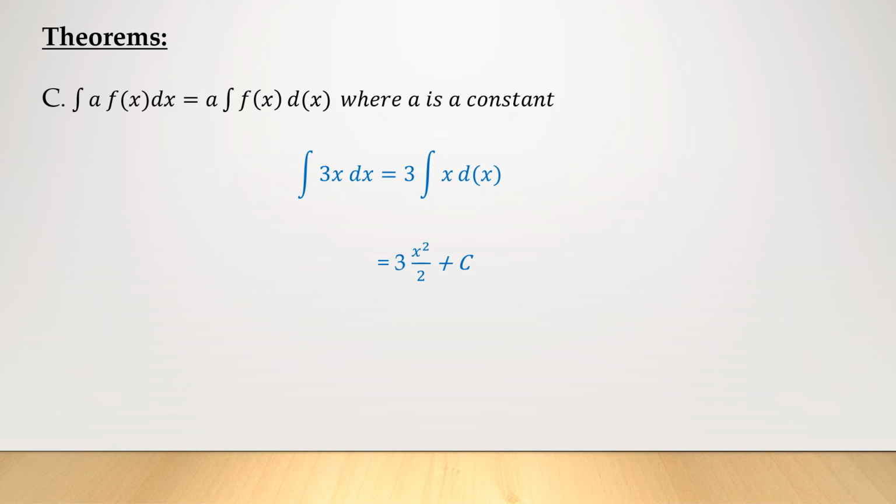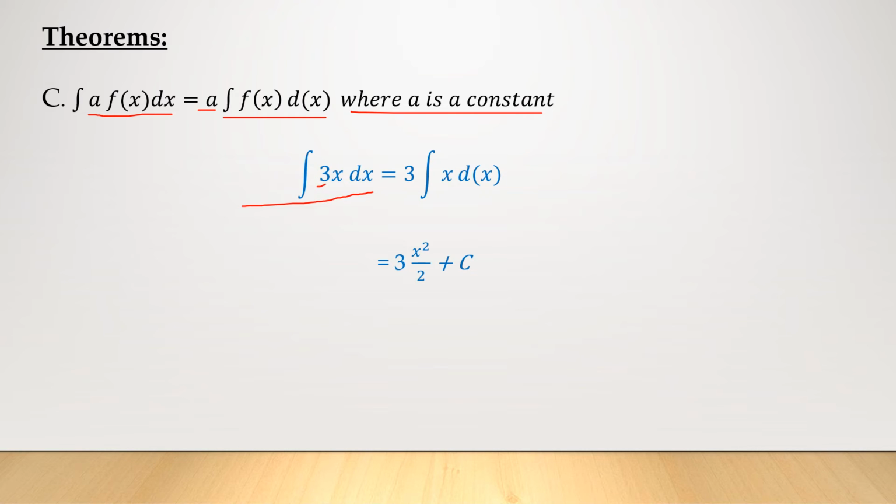Okay, so another theorem. So the integral of this given function here, we have a f(x) dx, where a is a constant. So constant yung a natin dito. So naiwan sa loob ng integral sign is f of x dx. So for example, ito ang ating given: the integral of 3x dx.